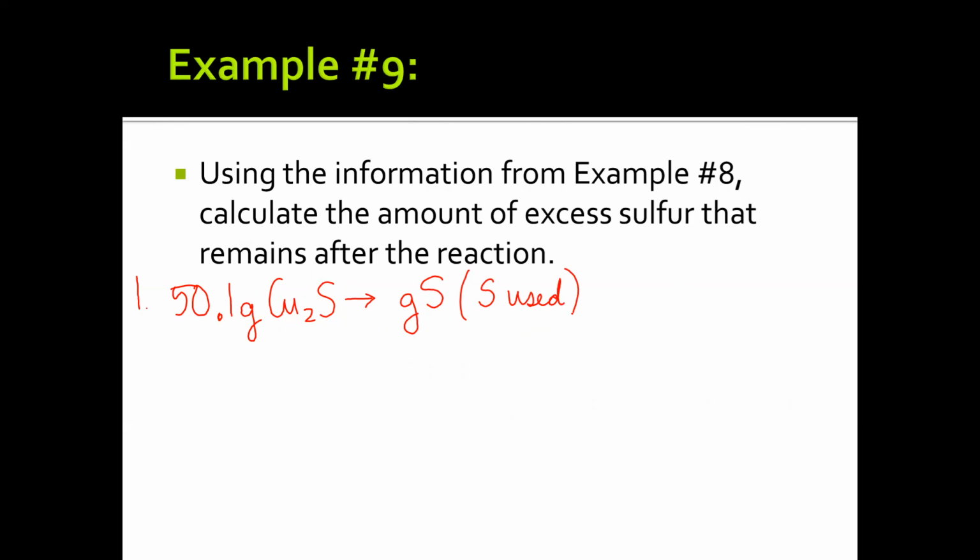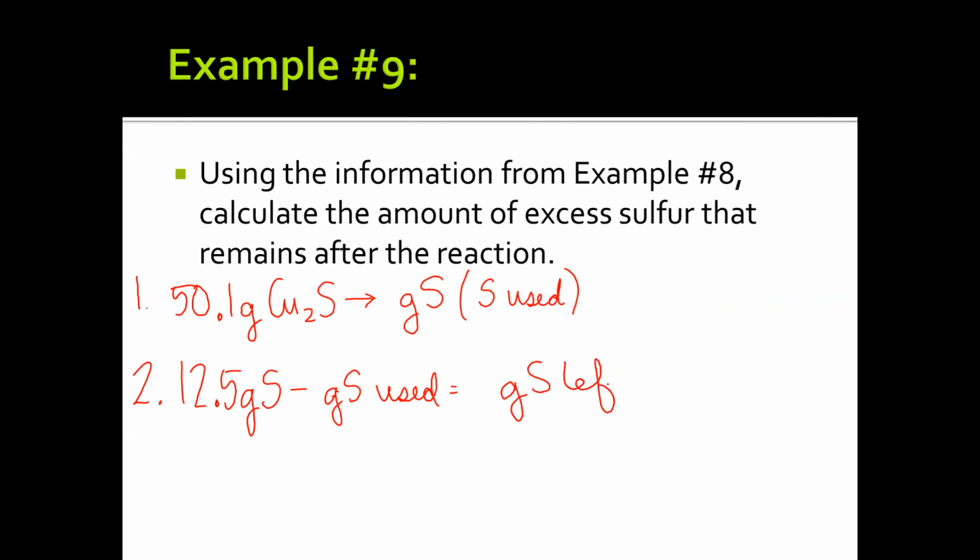Okay? After we figure out the grams of sulfur that have been used, then step 2, we're going to take the original amount of sulfur that we're given in example 8, which was 12.5 grams. So 12.5 grams of sulfur, from example 8's problem, and subtract the grams of sulfur used, and that will give us the grams of sulfur that are left over after the reaction's done.